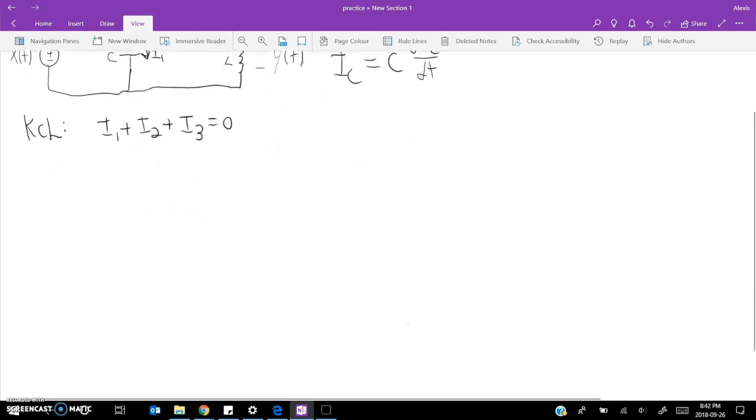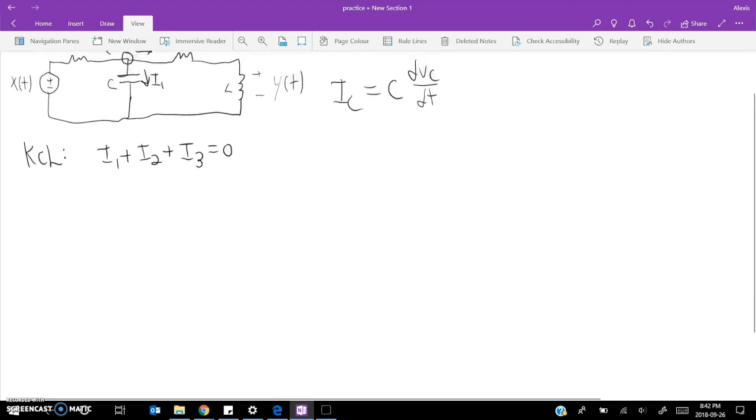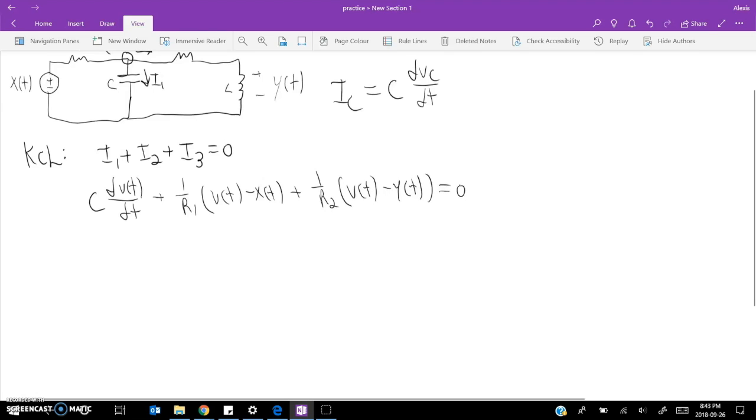And we could then replace I1 by the current through the capacitor, which is C dV of t dt. And then we could replace I2 using 1 over R1 times V of t minus X of t, plus 1 over R2 multiplied by V of t minus Y of t, and you would equate all of this to 0.